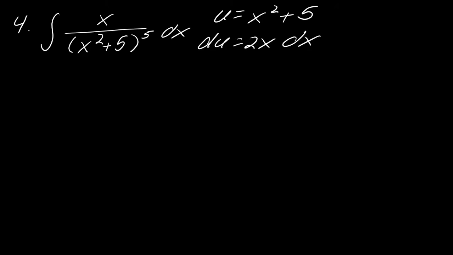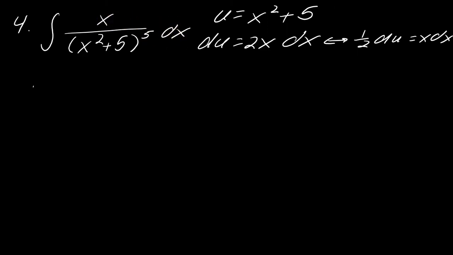And this one is actually pretty straightforward, because I don't have to manipulate this x, so that's nice. Now if I make some manipulations here, I notice this is x, not 2x, so I do have to manipulate this to become 1/2 du equals x dx, and that's what I'm looking to substitute, x and dx.